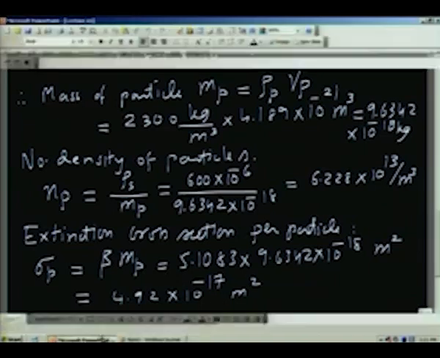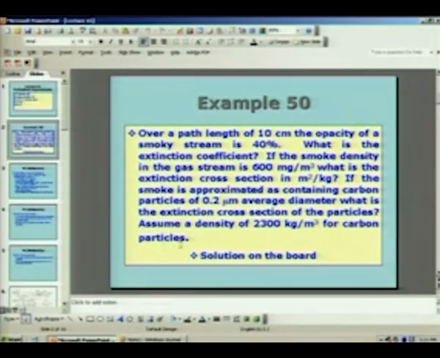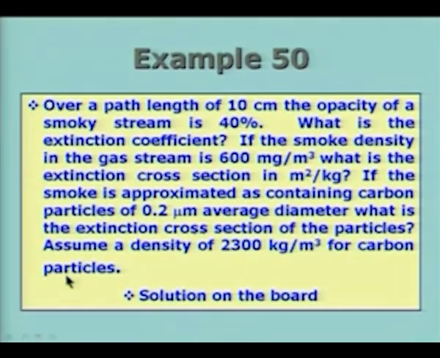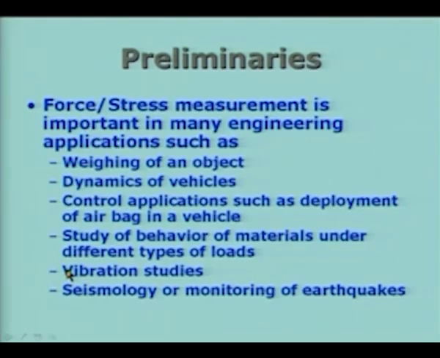So, with this we actually complete our discussion on the measurement of gas concentration, particulates and so on, and we now move on to the next topic, which is the measurement of various quantities like force, stress and so on, and torque, power and things like that. Let us look at the reason why we do that.